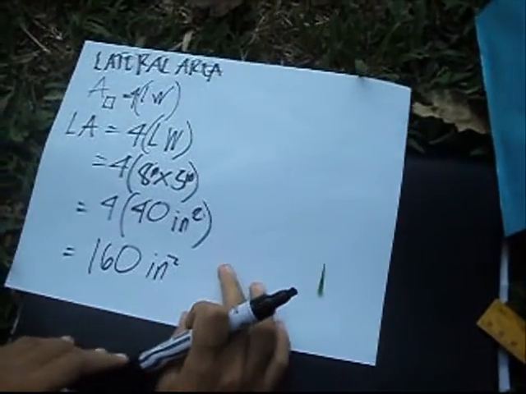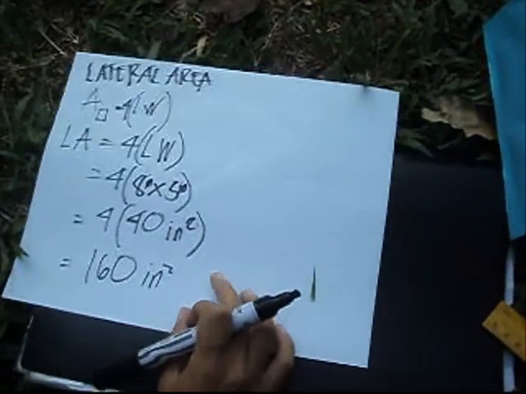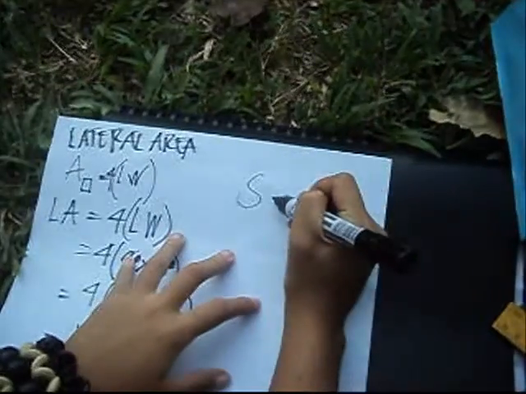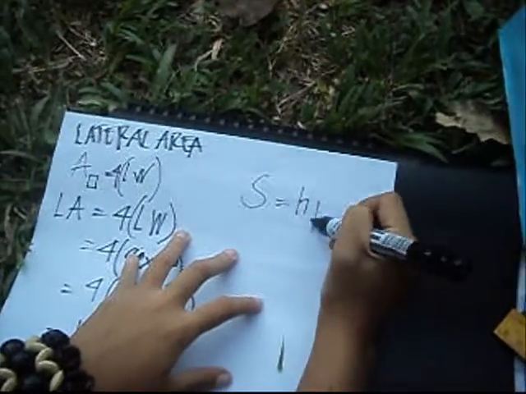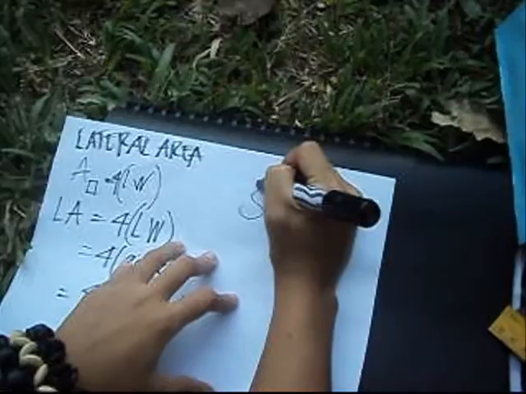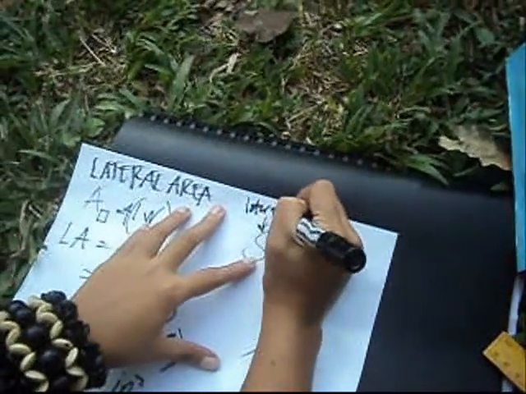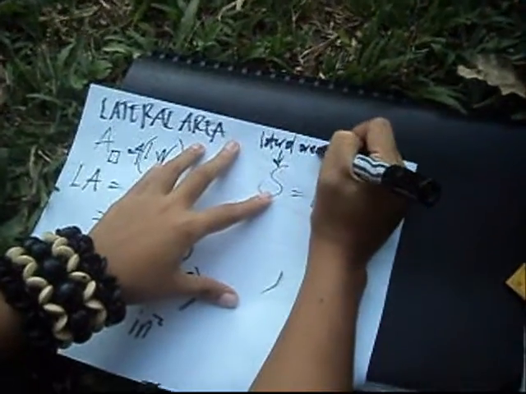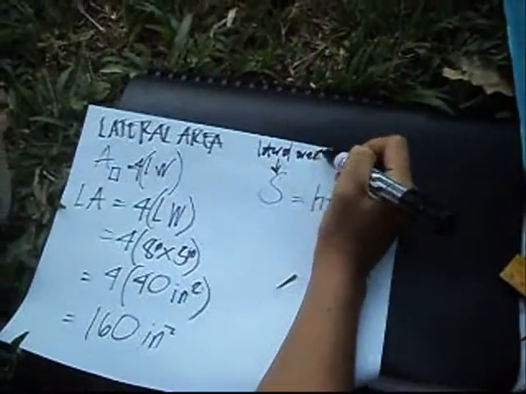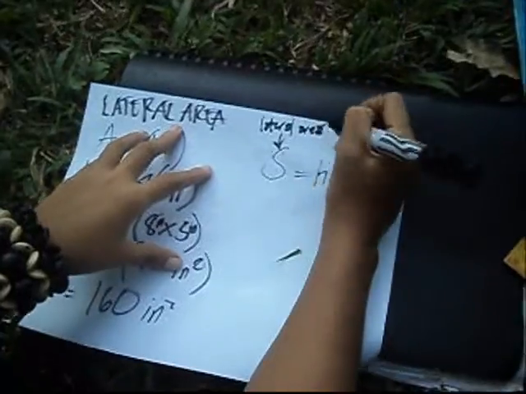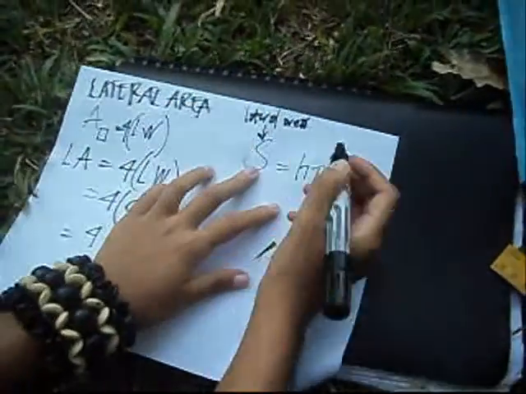And for the given formula in the book, we'll use S is equal to HP. S means the lateral area, so it is a representation or variable of the lateral area.